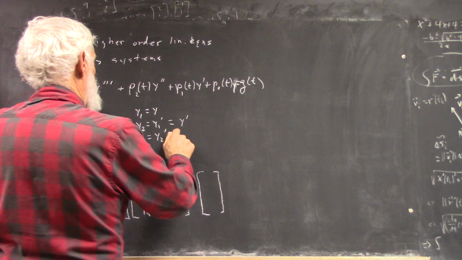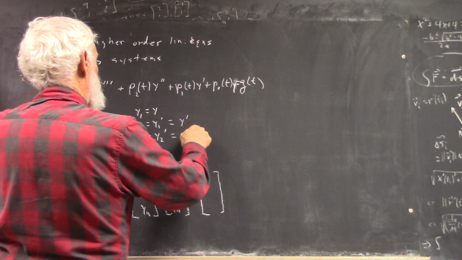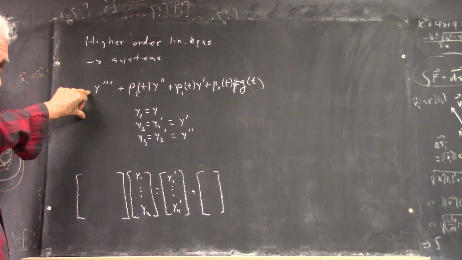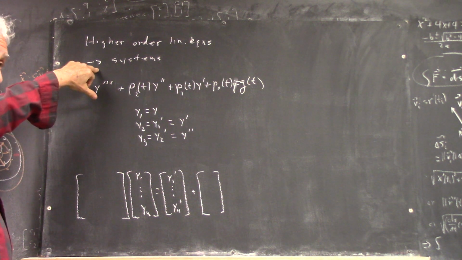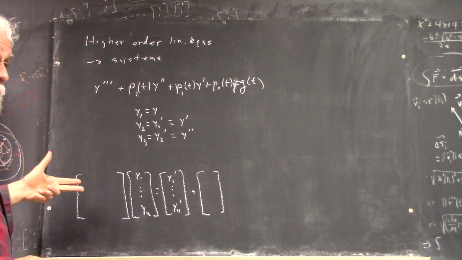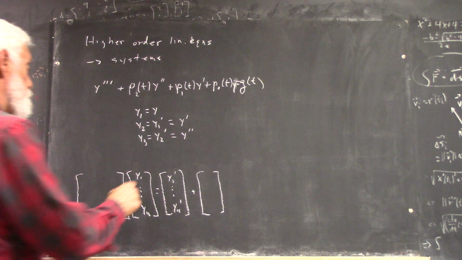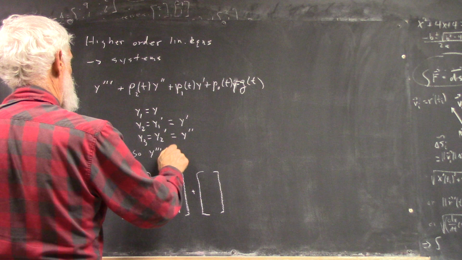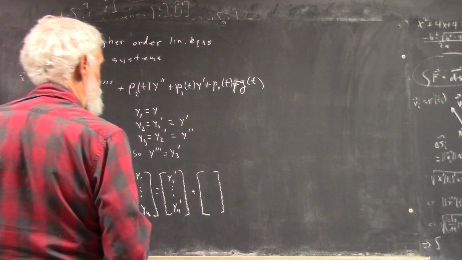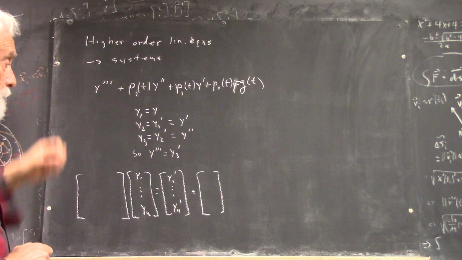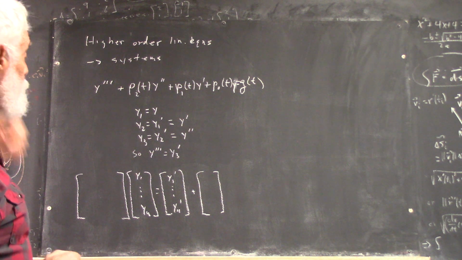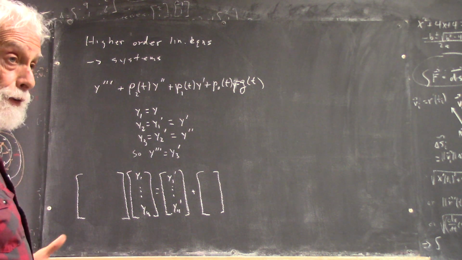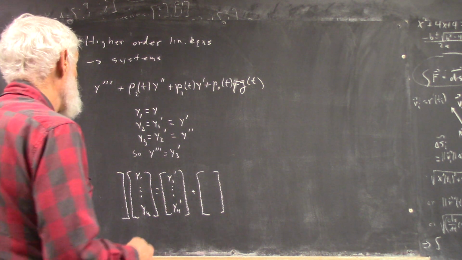And y3 equals y double prime. Okay? So that y triple prime is y3 prime. Well, this translates into 3 or 4 equations in these unknowns.